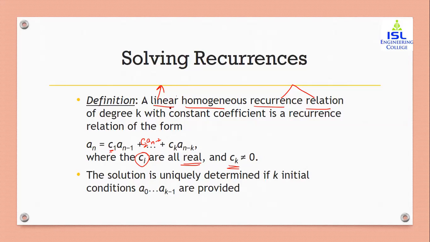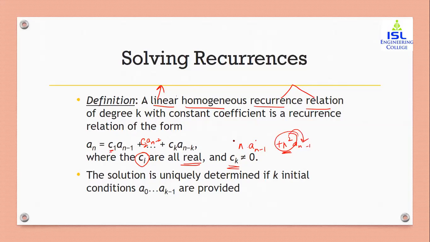Also, it can be multiplied by a function of n. So you can have n into an minus 1 or plus n square into an minus 1. So some function of n can be multiplied to the previous term, and it can still be linear.